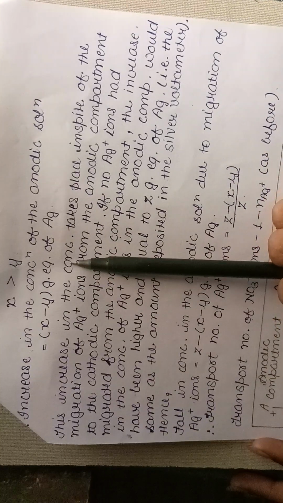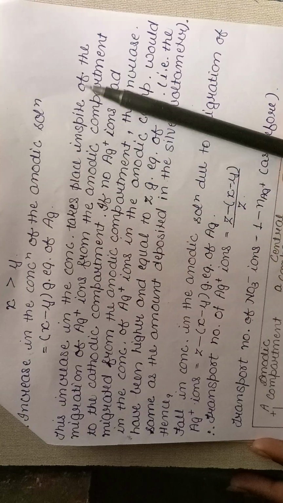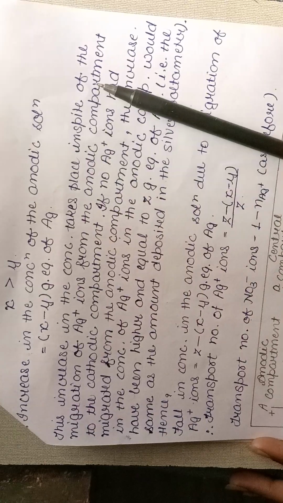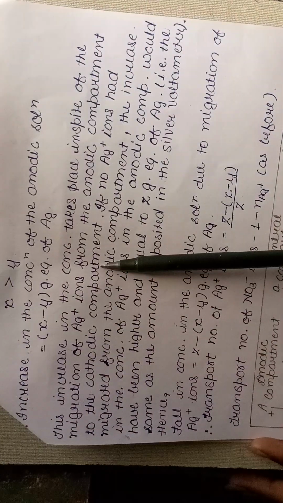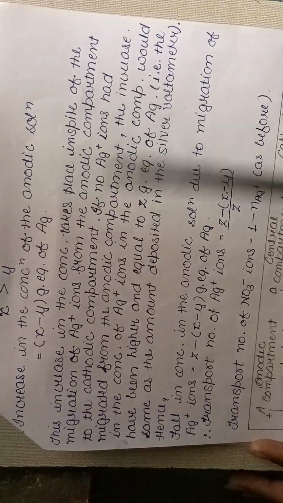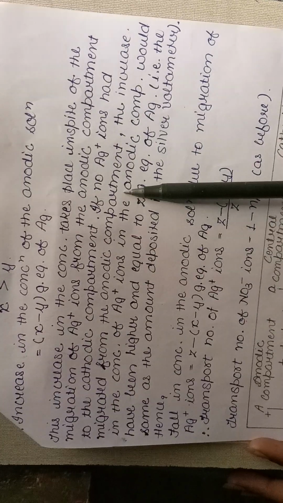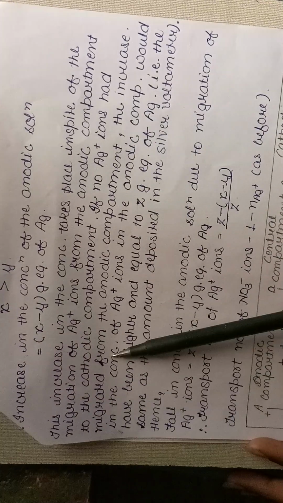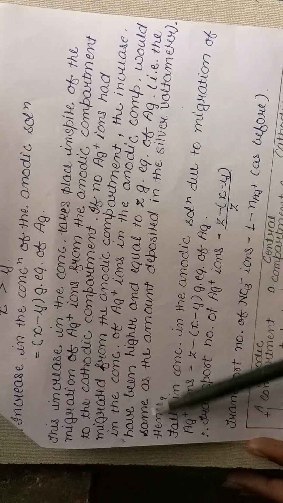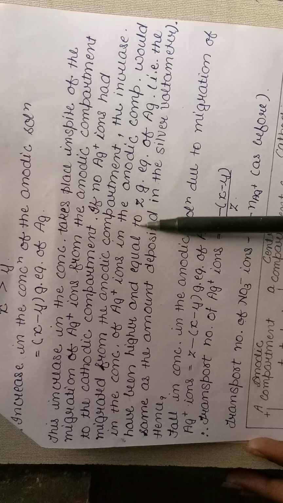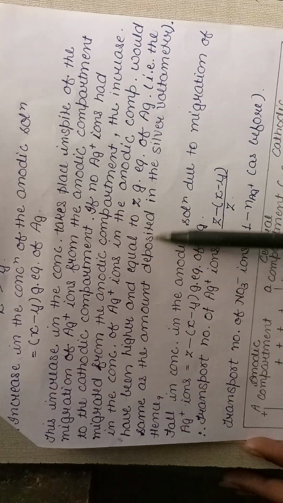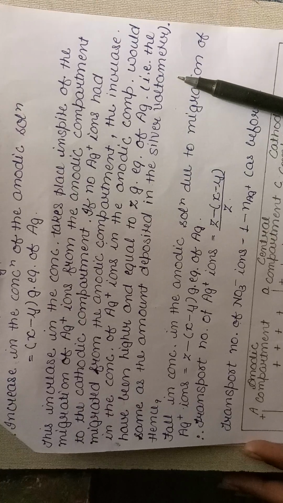This increase in the concentration takes place in spite of the migration of Ag positive ions from the anodic compartment to the cathodic compartment. If no Ag positive ions had migrated from the anodic compartment, the increase in the concentration of Ag positive ions in the anodic compartment would have been higher and equal to Z gram equivalent of Ag, the same as the amount deposited in the silver voltmeter.